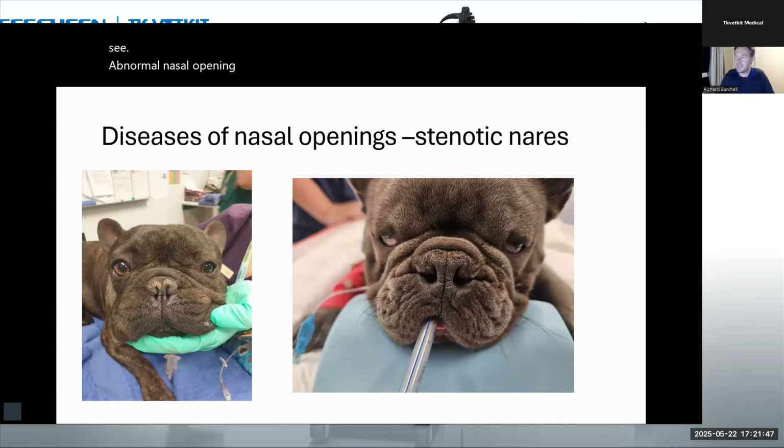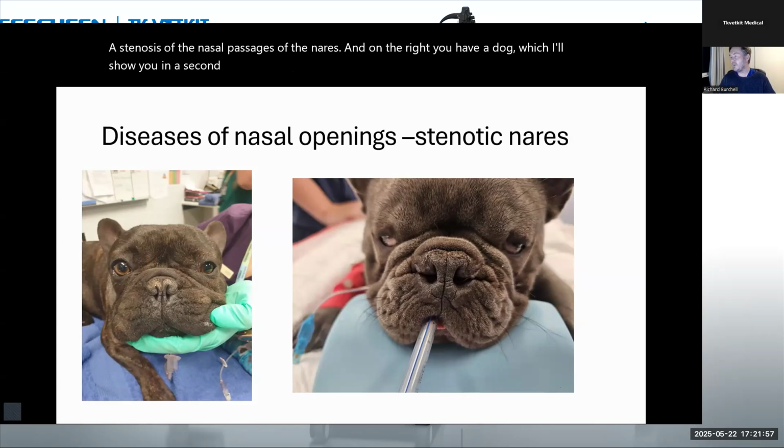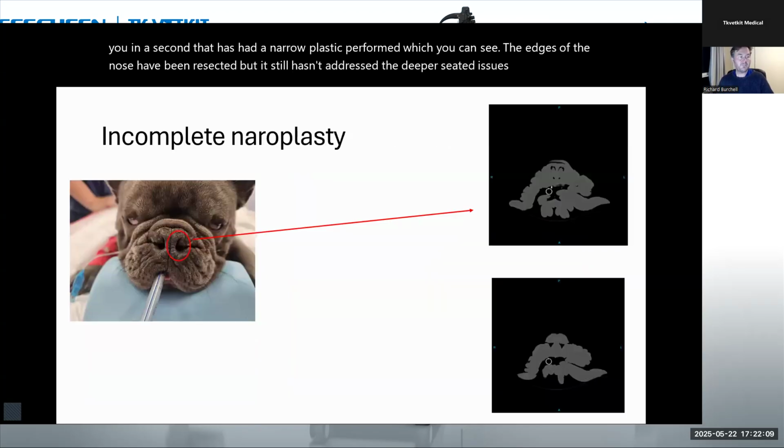So the dog on the left has got a stenosis of the nasal passages, of the nares. And on the right, you have a dog, which I'll show you in a second, that has had a narrowplasty performed, which you can see the edges of the nose have been resected, but it still hasn't addressed the deeper seated issues, which are the openings just caudal to that.